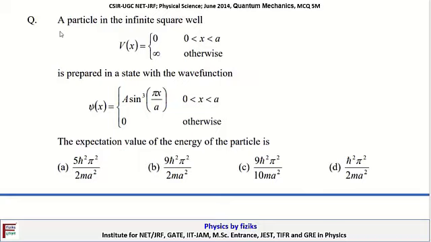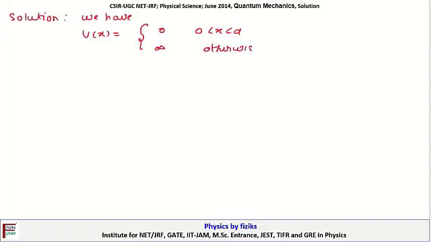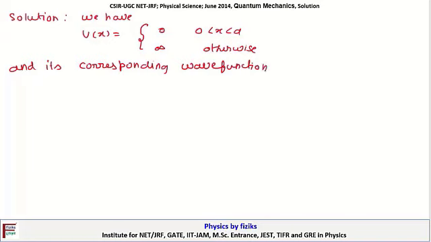So, solution, we have V of x is equal to 0 for 0 < x < a, infinity otherwise, and its corresponding wave function psi of x is equal to A sin cube pi x by a.